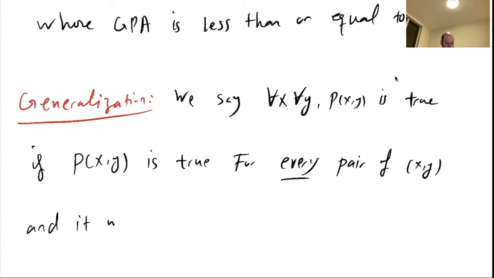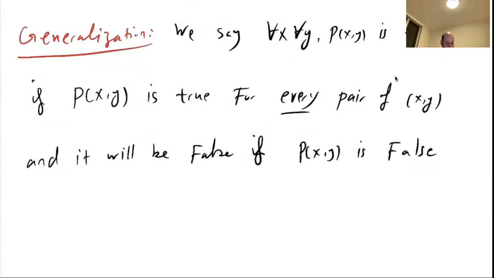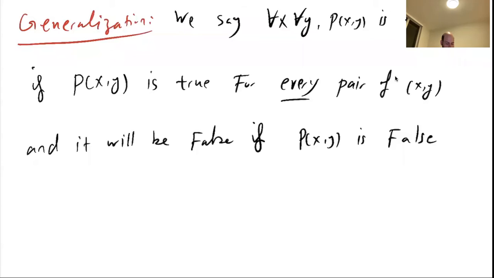And it will be false if P of x and y is false for at least one pair x and y.